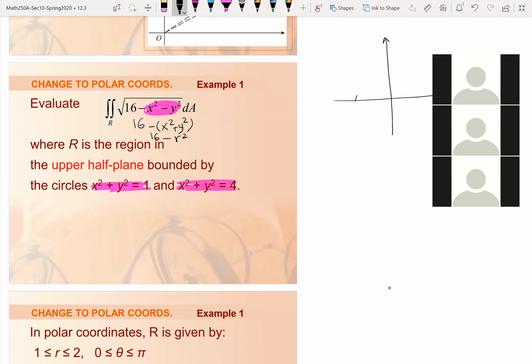One of them has radius 1, the other has radius 2. I forgot to change it, I still have my eraser. So this is radius 1, this is radius 2. Since it says upper half, I just make the half part. So that's the region of integration for me.